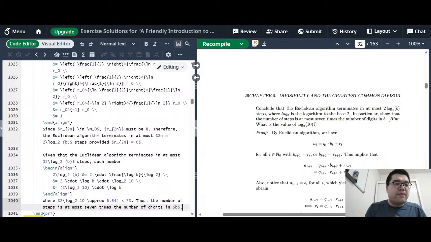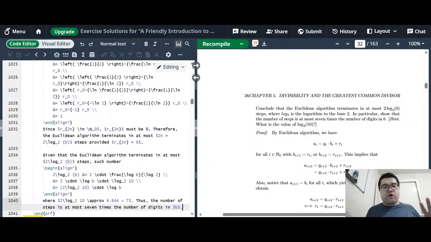And if we're multiplying by the constant here, it is telling us approximately how many times the number of steps is. And this coefficient here is telling us the ratio between the number of steps to the number of digits in B.